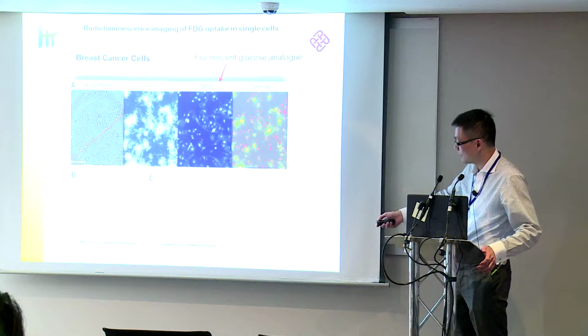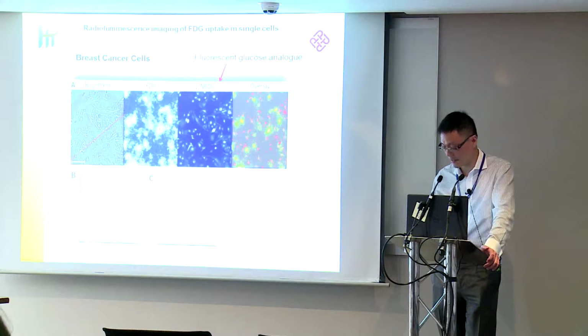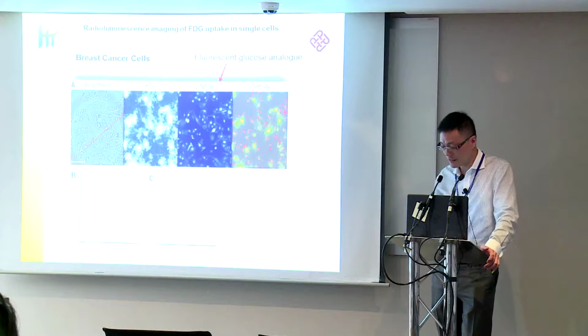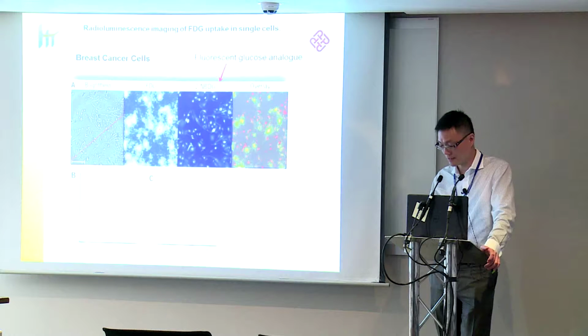We also plotted along this red line on the bright field, and the FDG and 2-NBDG signals correlate to a very large extent. So they proved that this is a very prominent approach for investigating glucose uptake.